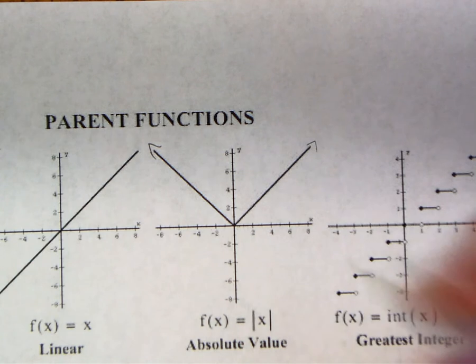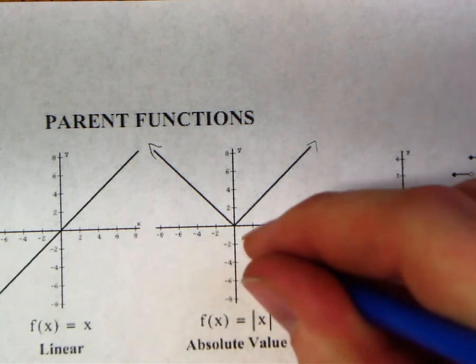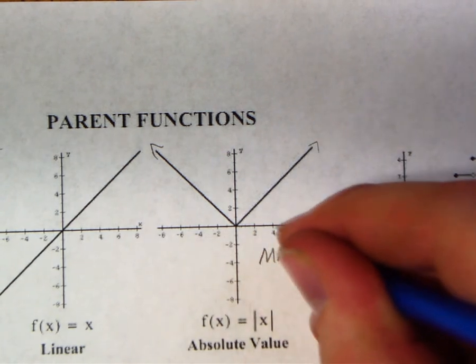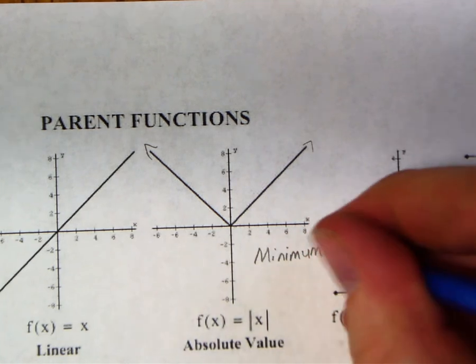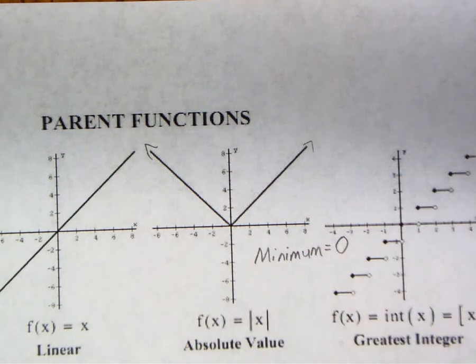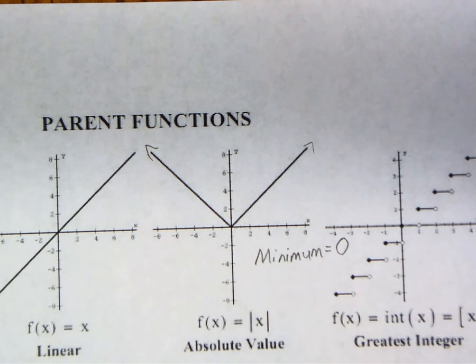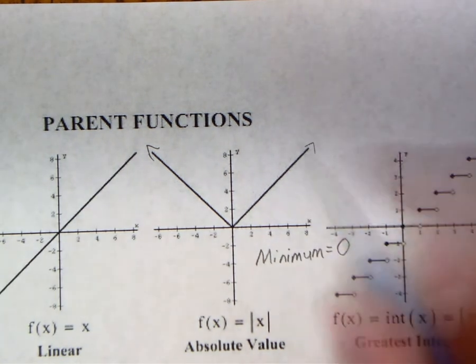It's 0, 0. So that means our minimum is going to equal 0. Now for the maximum, we don't really have one that's showing up on the graph. It's just going to keep on going on and on forever.